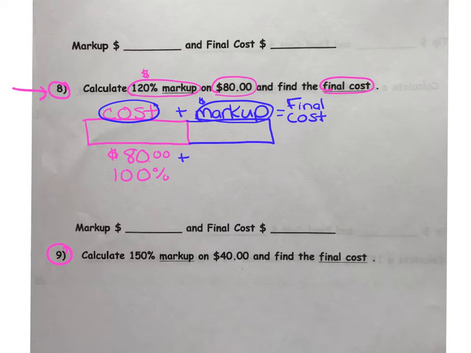Well, we don't know the dollar amount that's going to be added, but we do know it is at a rate of 120%. So if we take 100% plus 120, we're up to 220%.